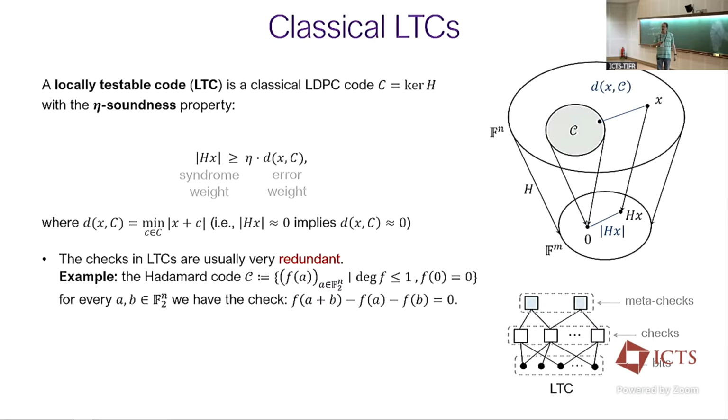You already saw many examples of locally testable codes in this workshop, and one of these very famous examples is the Hadamard code. I hope that everybody knows it. It's just the set of linear functions, and we can, of course, very easily check whether a function is linear just by looking at this equation. And it involves just three entries. It's a local code. We have local checks, and what we can see is that we have too many checks here.